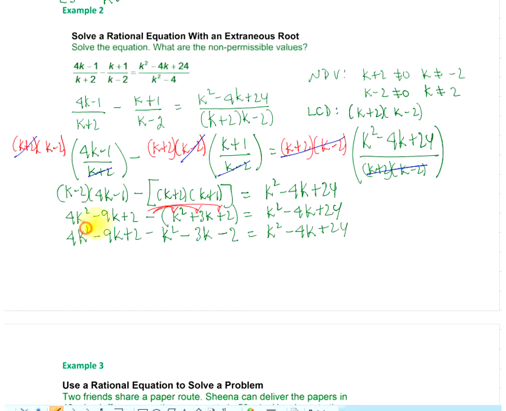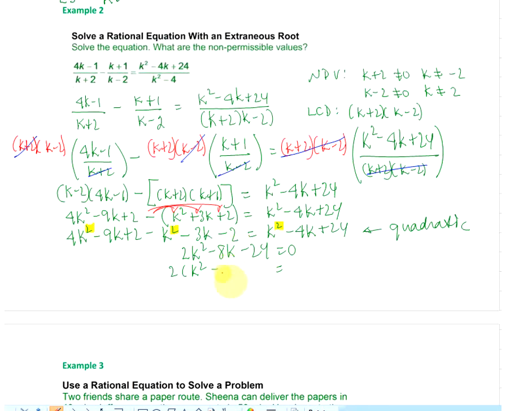Okay, so because we have k squares, we know we have a quadratic. And so we want to make everything equal to 0. And when we do that, we will get 2k squared minus 8k minus 24 equals 0. We have a GCF of 2, so we'll factor that out.